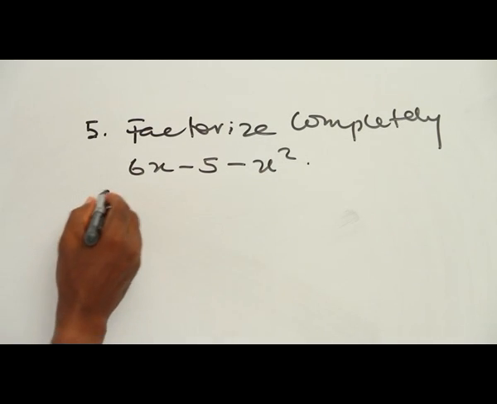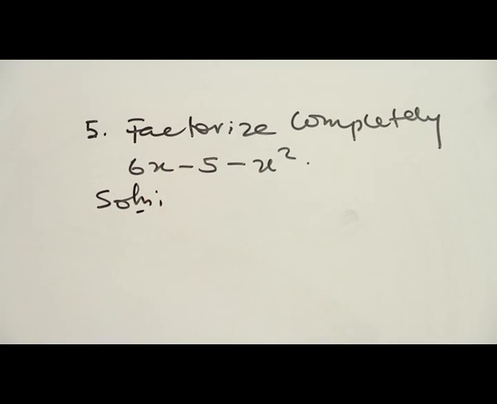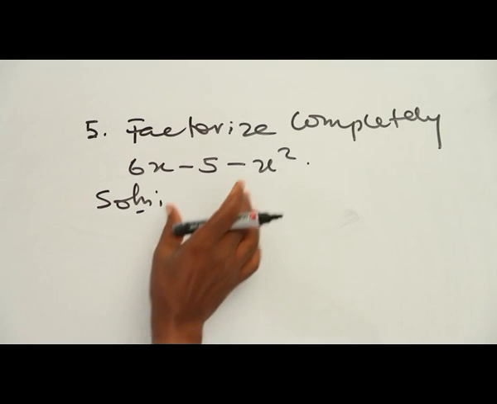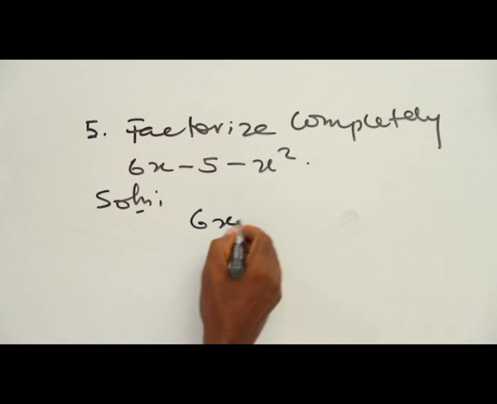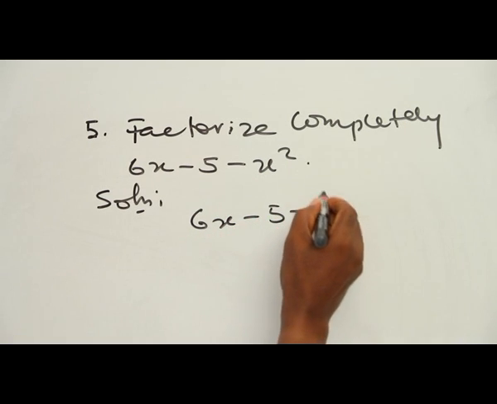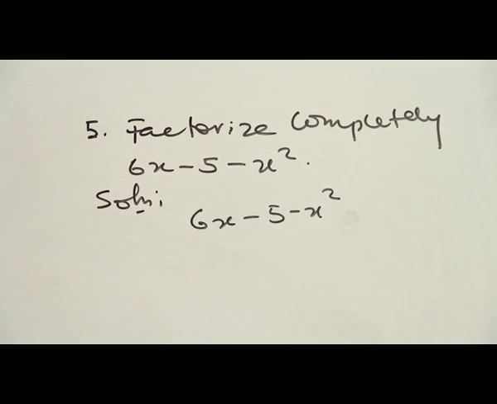Now, your solution, you can recognize this as a quadratic function because the highest power of s is 2. So if you write your 6s minus 5 minus s squared, recall the principles of factorization.